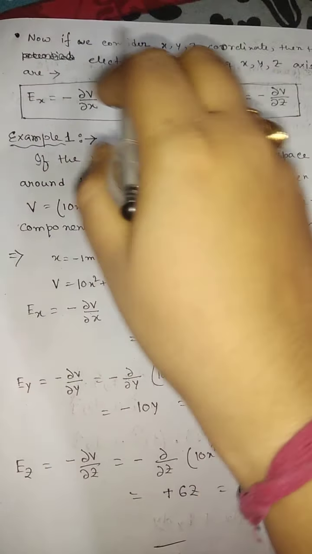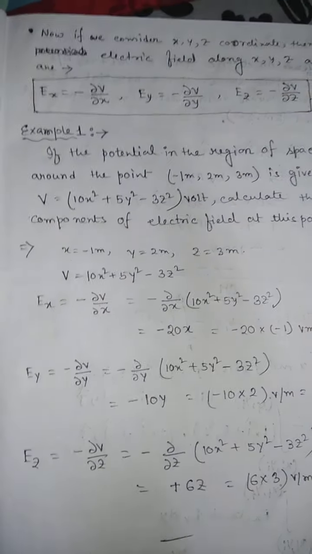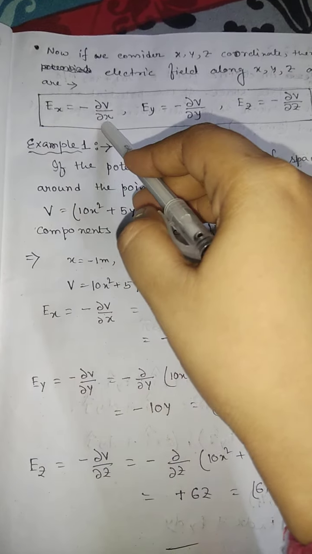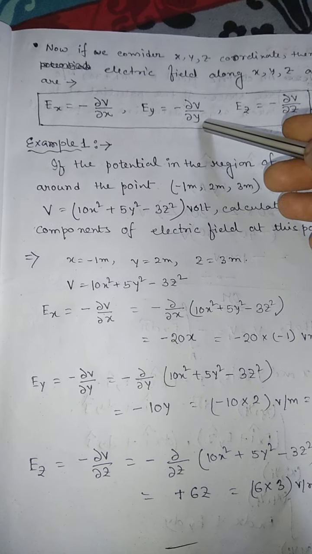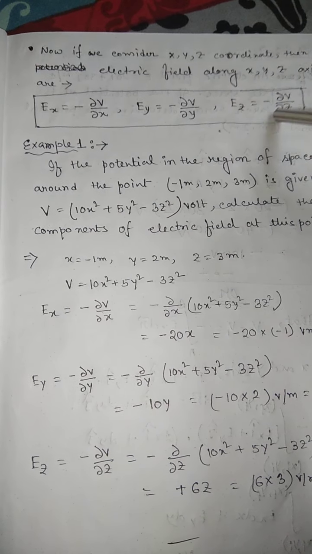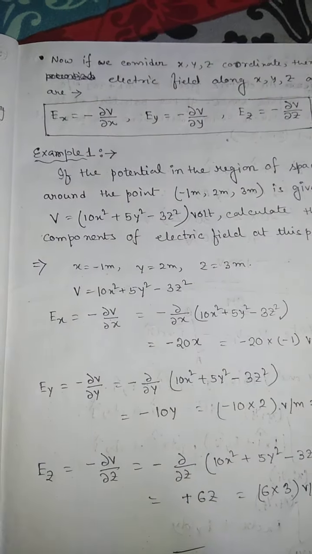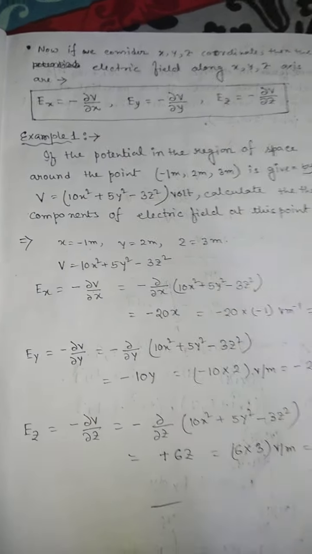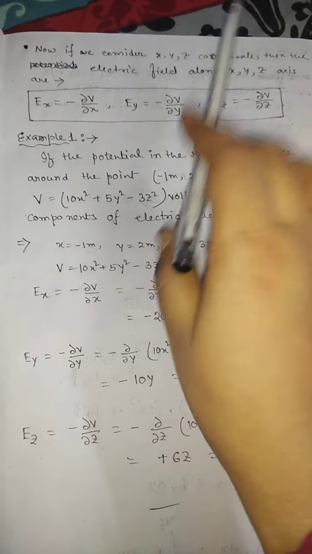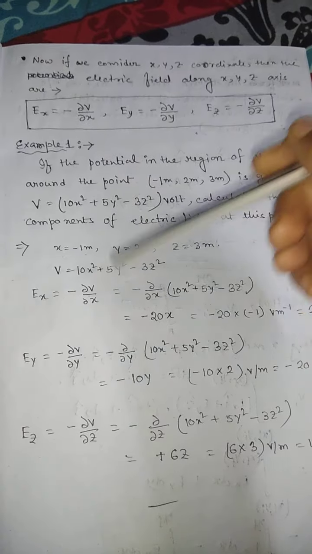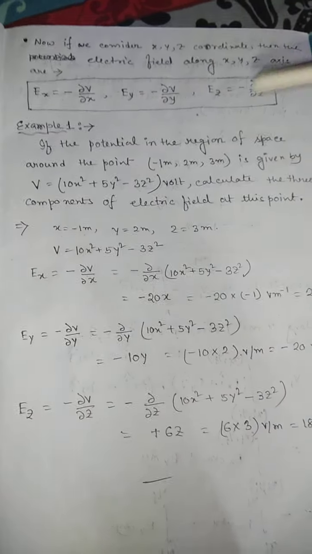So along the x, y and z axes, Ex equals minus del V by del x, Ey equals minus del V by del y, and Ez equals minus del V by del z. Del V, del y means a very small amount. Clear? Remember this, because we use this concept in numericals.